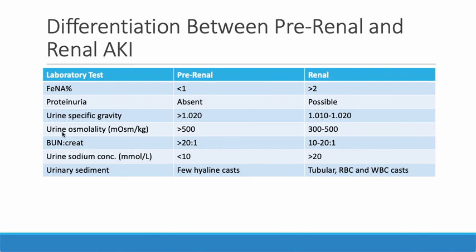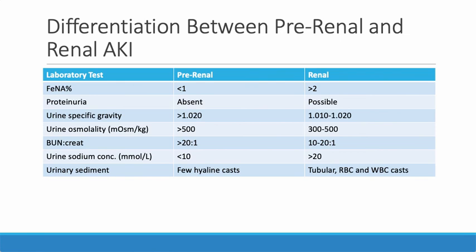Okay. The urine osmolality, which is another calculation based on a 24-hour urine specimen, is useful in differentiating these two. And the BUN to creatinine ratio, there's so many things that go into this that I just haven't found it useful over the past several years.